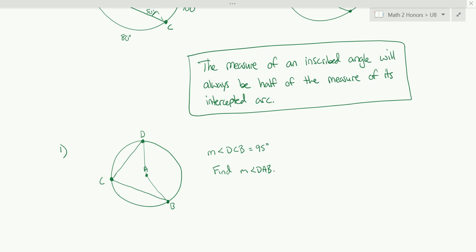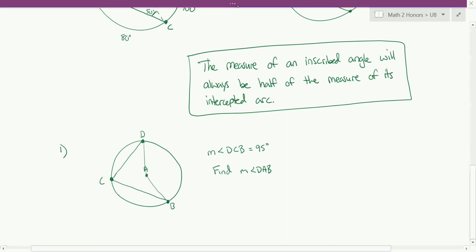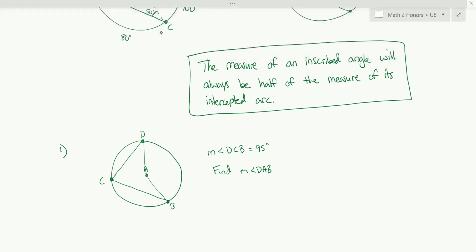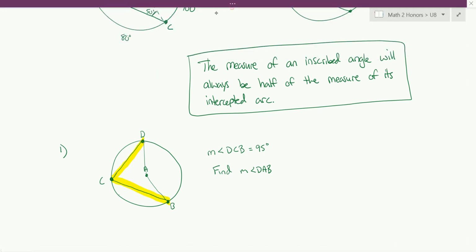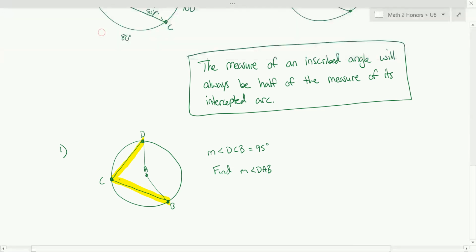Everybody get it? 190. Yeah. So here's why. We have our angle here, which is what kind of angle? Inscribed. And our inscribed angle I gave you is 95.